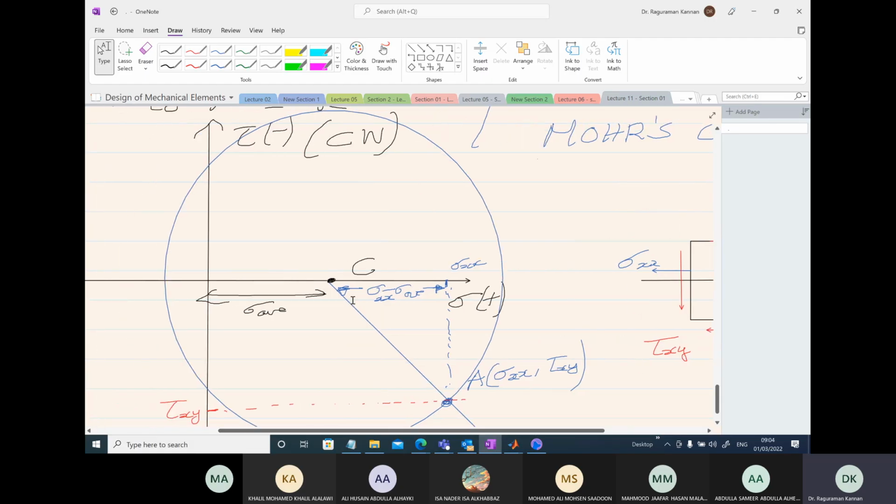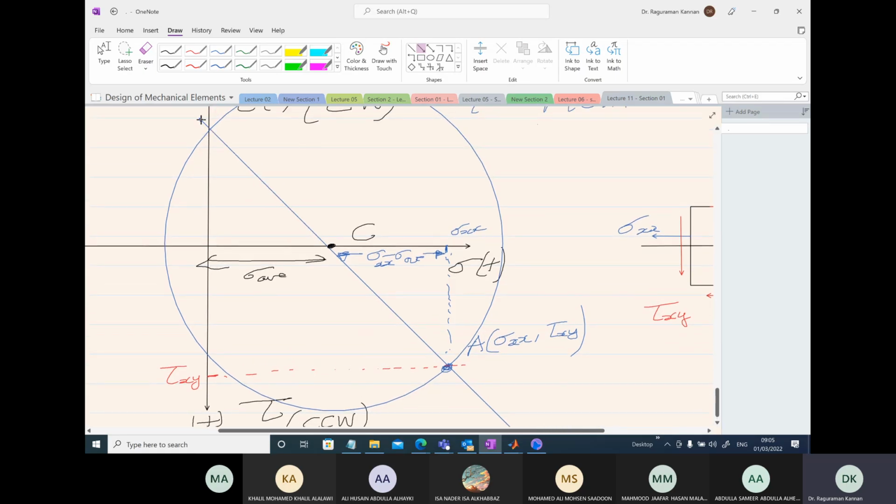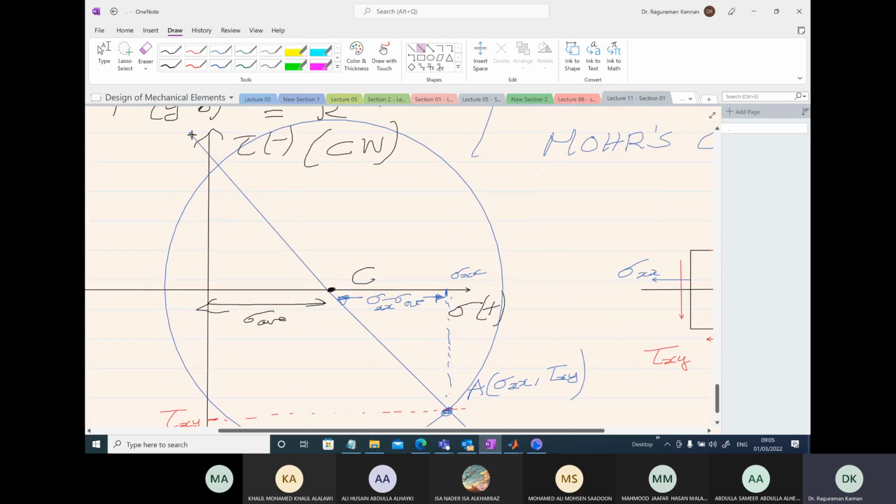On the Mohr circle, it is 180 degrees, which means if this is the x-axis, my y-axis will be 180 degrees opposite. So what I'm going to do, starting from the center, I'm going to extend the line in the opposite direction, and that will give me the y-axis. This is your y-axis.